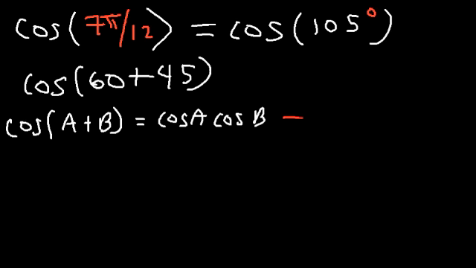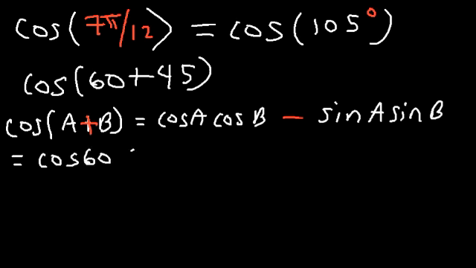The sign is going to change. Here it's plus, but it's going to switch to minus. So it's cosine A, cosine B minus sine A, sine B. So that's going to be A is 60, B is 45. So it's cosine 60, cosine 45 minus sine 60, sine 45.